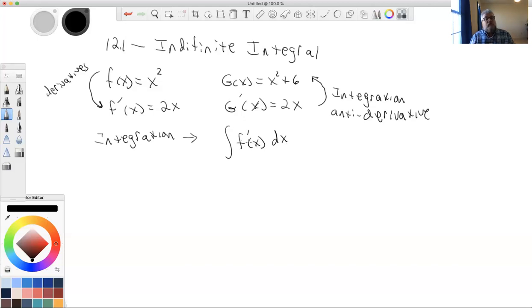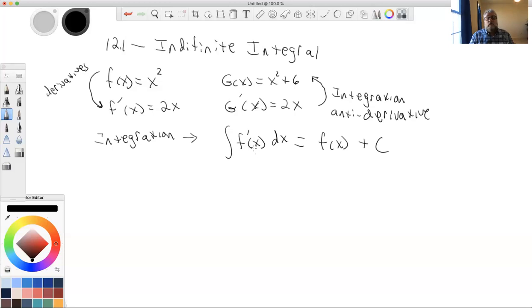You could have a function of x, y, and z, and we're only going to operate on x here. And in fact, when we take the integral of our derivative, we get our function back again, plus some kind of constant, which I'll talk about. Those are very important.